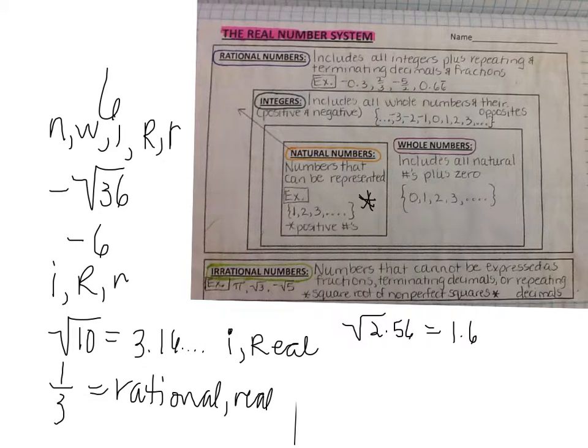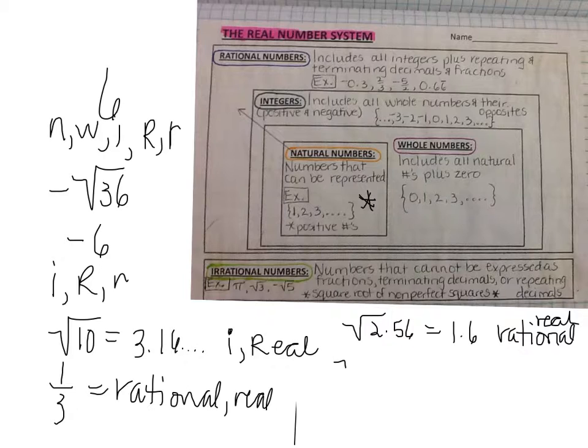It has to be a number that you can count by, like -3, -2, -1, 0, 1, 2, 3. None of those are decimals. So it's not an integer. If you look at rational numbers, is it a decimal or a fraction? It's a decimal, 1.6. Does it terminate or stop? Yes, it stops at the 6. So it is a rational number and real.